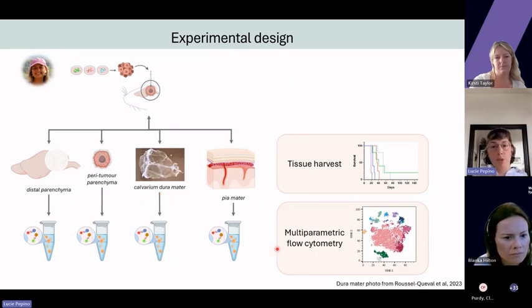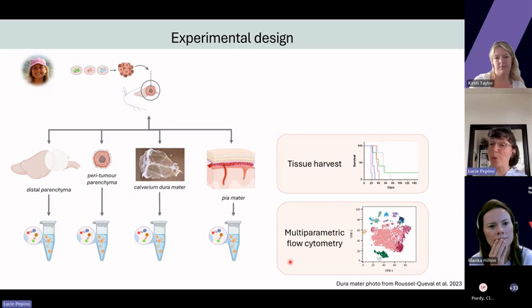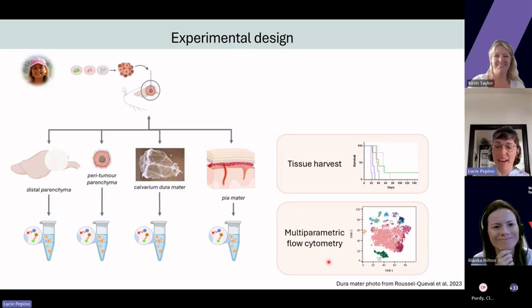On these I performed multiparametric flow cytometry with a 27 color panel. For those familiar with flow cytometry, I won't go into the complex gating strategy, but if you want to ask me, feel free after the talk.